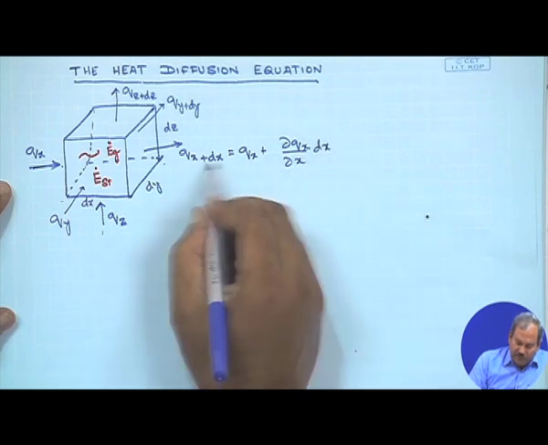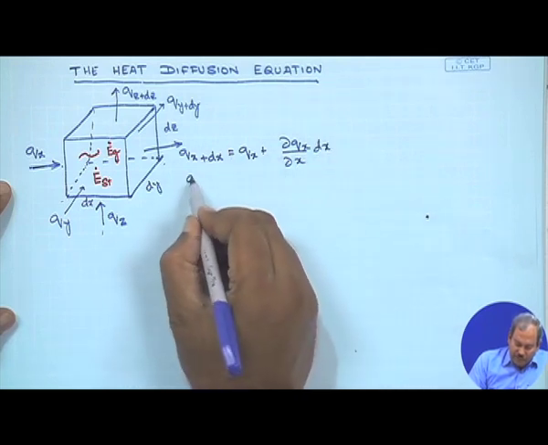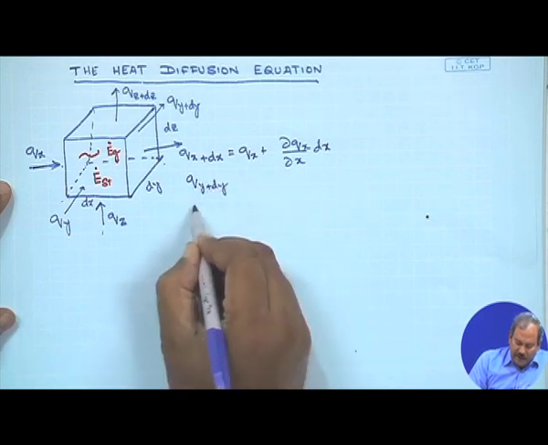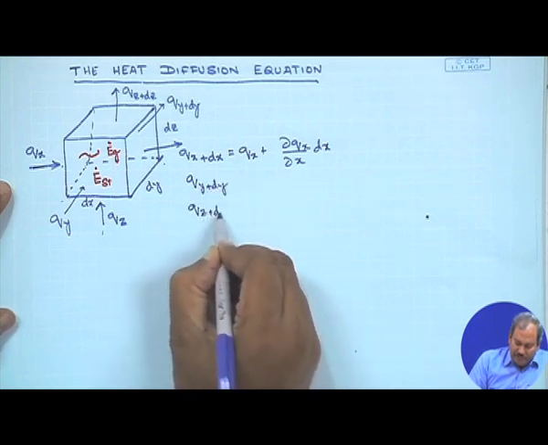So this is for Qx plus dx, same way you can write for Qy plus dy and Qz plus dz.